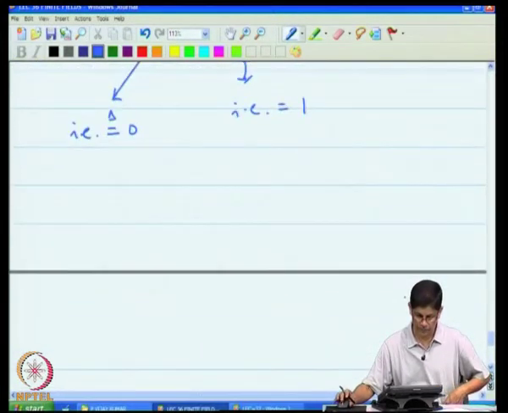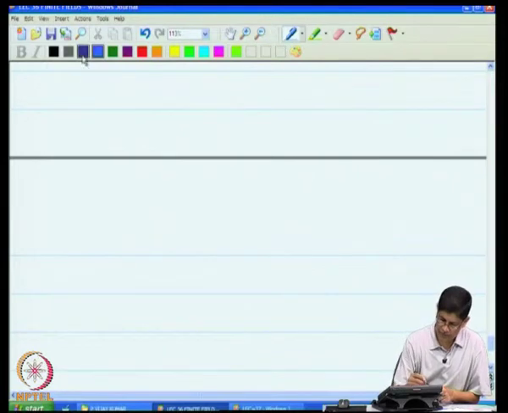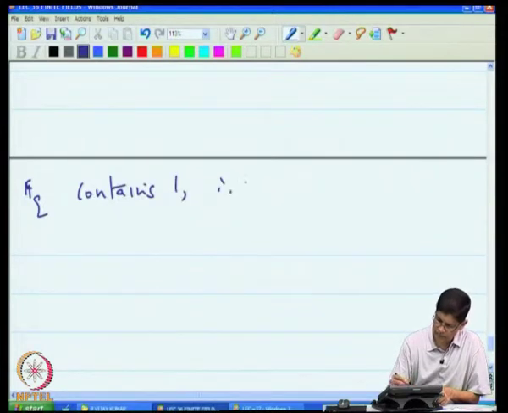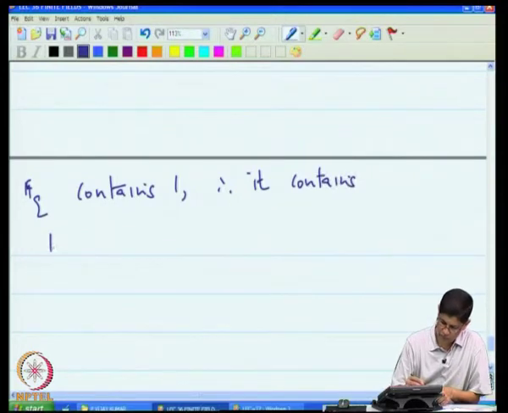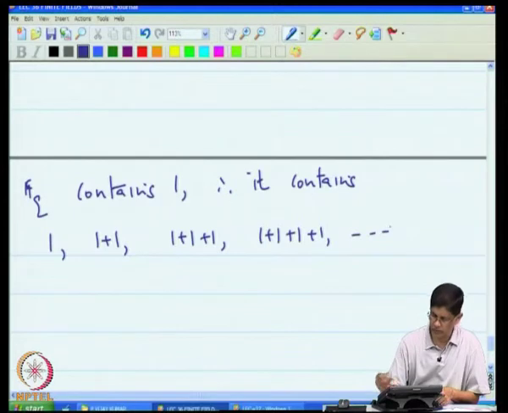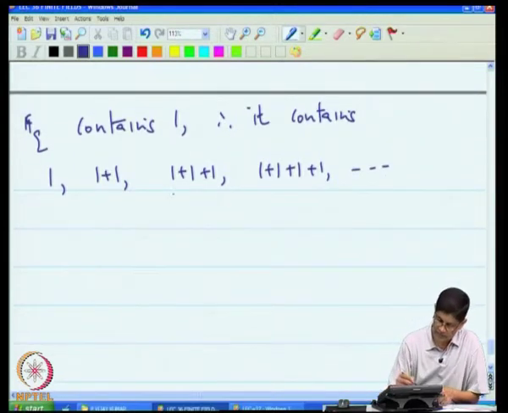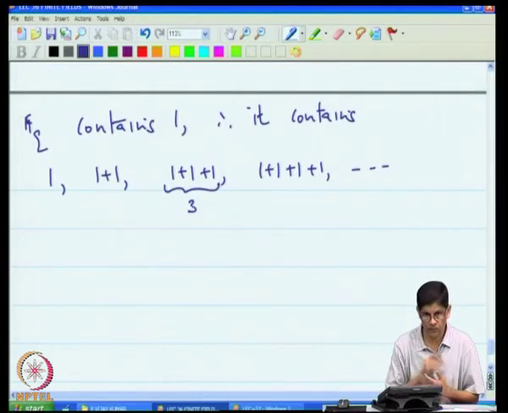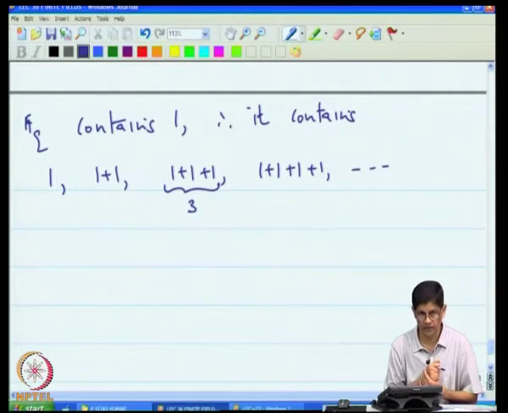Now, let us say, well, Fq contains 1, therefore, it contains 1, 1 plus 1, 1 plus 1 plus 1, 1 plus 1 plus 1 plus 1 and so on. When we write 3, 3 means 1 plus 1 plus 1, that is what we mean in the finite field.